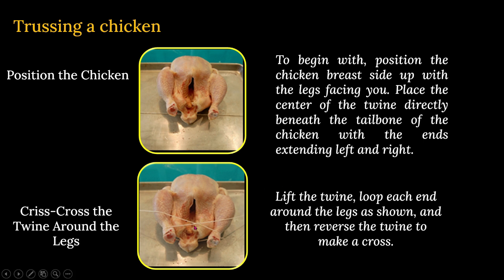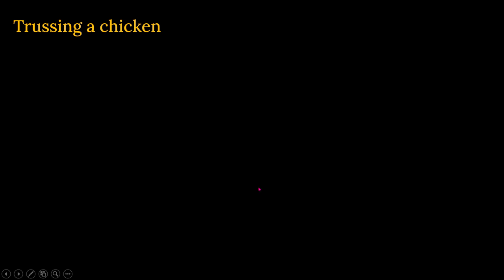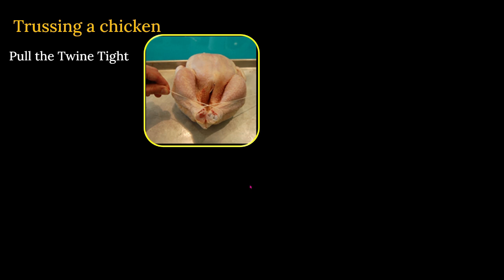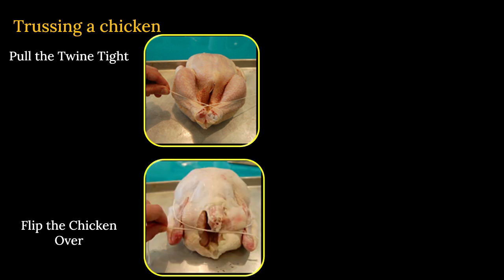You can see this cross is made, and it is very easy to do. It considers the legs and the oil gland, or the parson's nose. Okay. Next step: pull the twine tight. We are pulling it more, and these two legs are coming closer. Then flip the chicken over, that means we are making the chicken upside down.